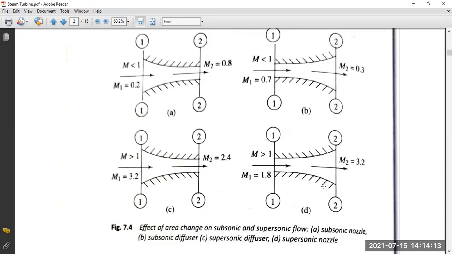It will act as a convergent nozzle where speed increases from 1.8 to 3.2, with a drop of pressure. Although the lowest area is at the inlet and the highest at the outlet, it is still acting as a supersonic nozzle itself.